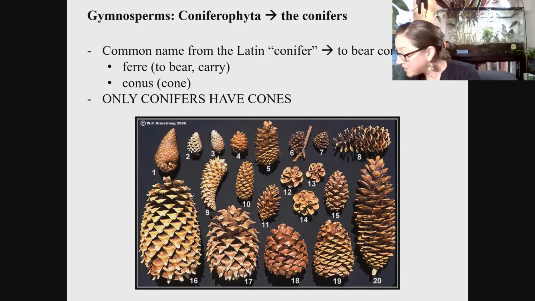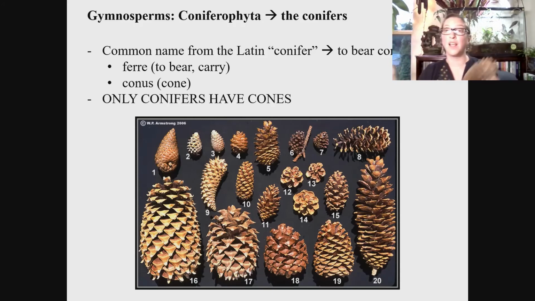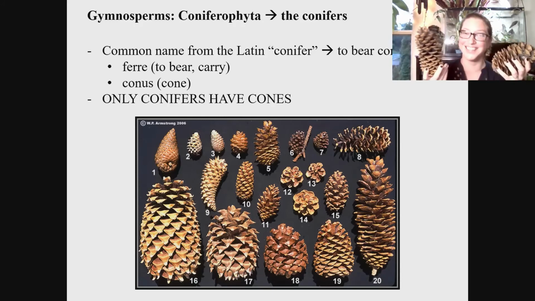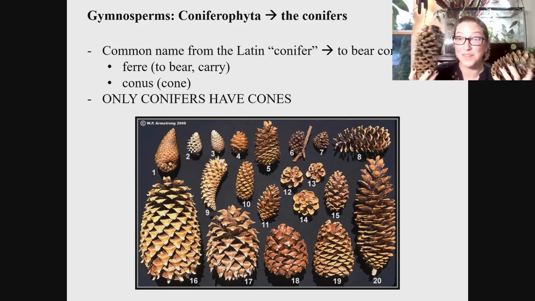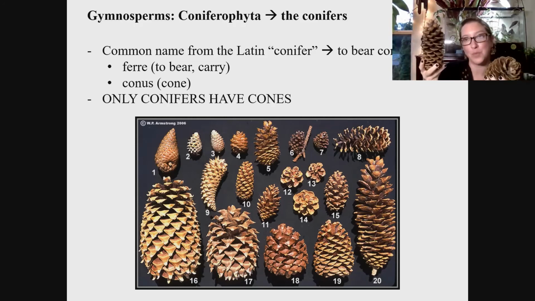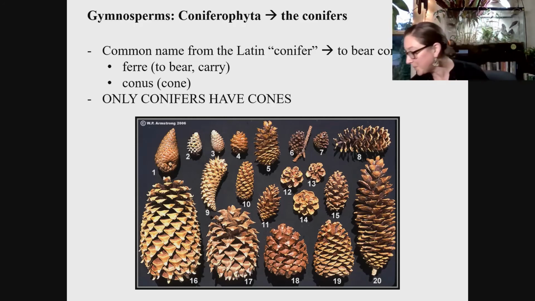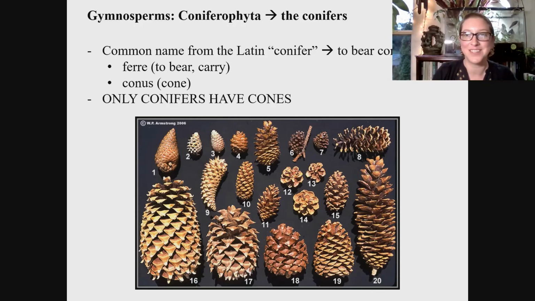And then some cones are even like this, and even bigger. There are even bigger ones. So the point is, a lot of different shapes and sizes. When they're finished, they tend to be brown and dry. This is maybe an excuse to dig into my specimens that I've collected over the years. So yeah, only conifers have cones.